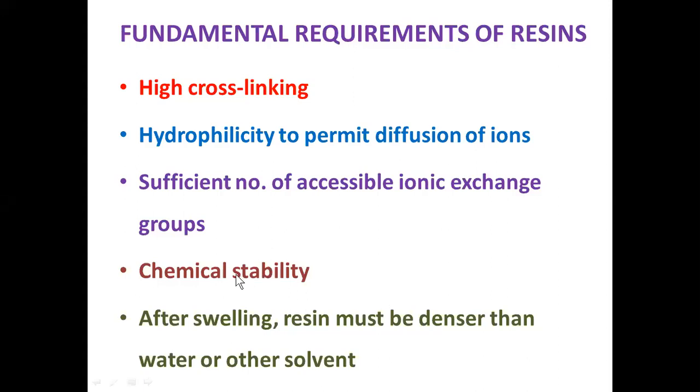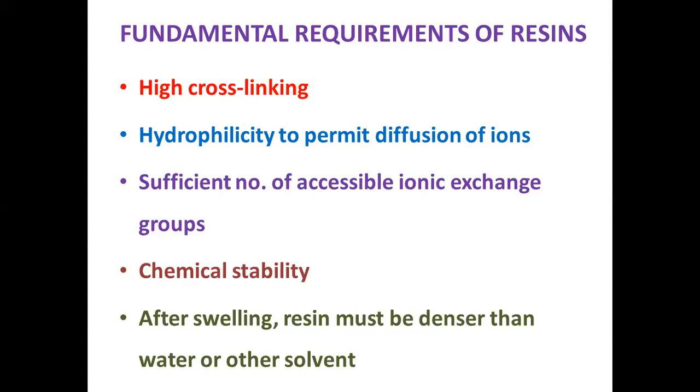During the course of the separation by exchange equilibrium, chemical stability must be attained with respect to the resin. If the resin undergoes any chemical transformation, that resin is not going to be useful for ion exchange chromatographic separation. And after swelling, the resin must be denser than water or other solvent we will be using, because the resin should occupy its own space comfortably throughout the separation in the column.